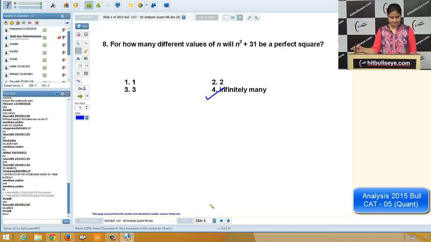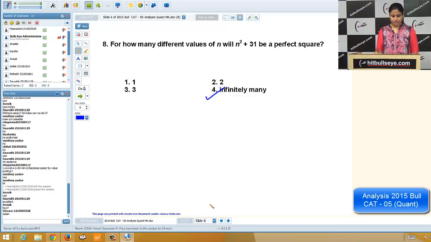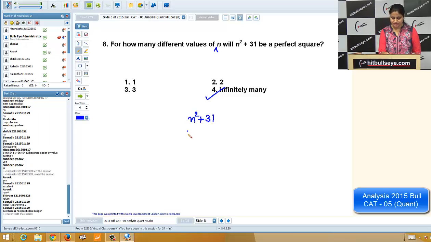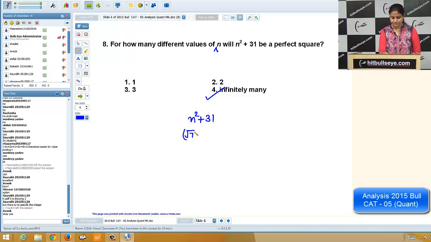Okay, for how many different values of n? He is not saying that n is an integer or a positive integer. n can take any real value. Now n square plus 31 should be a perfect square. As we know 37 is a perfect square, I am taking n square as 6, so n is root 6.